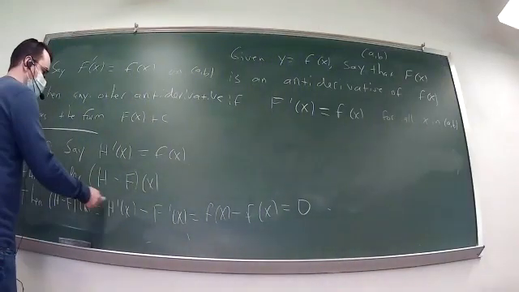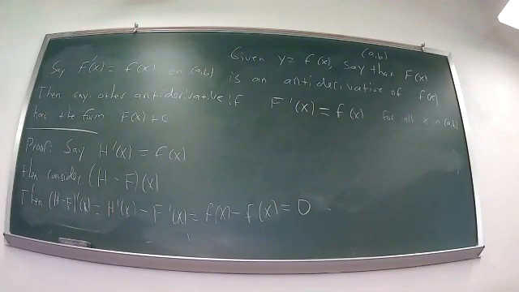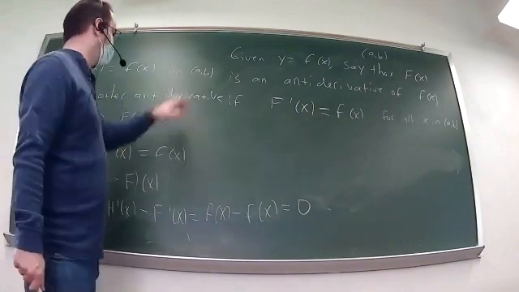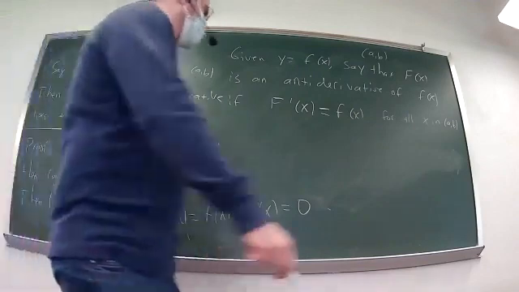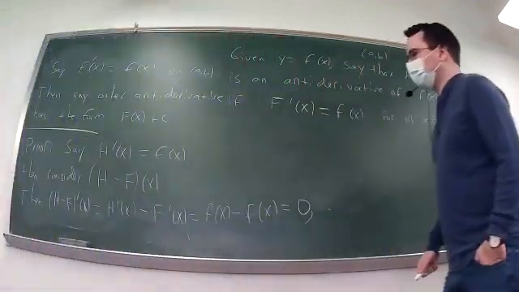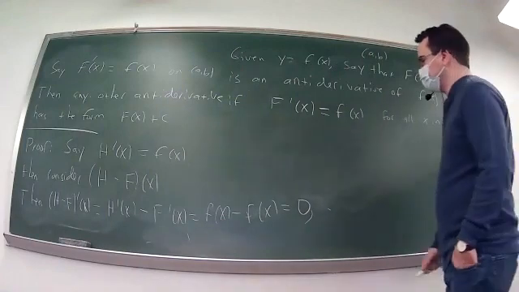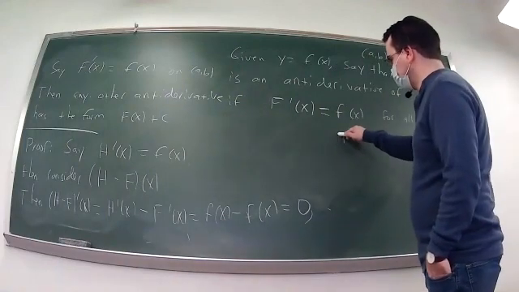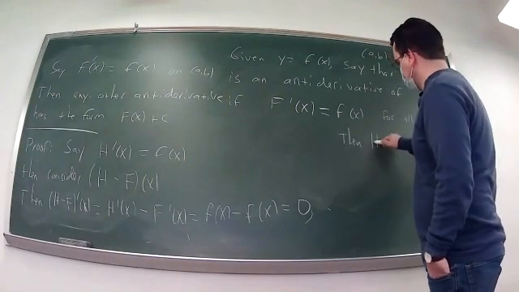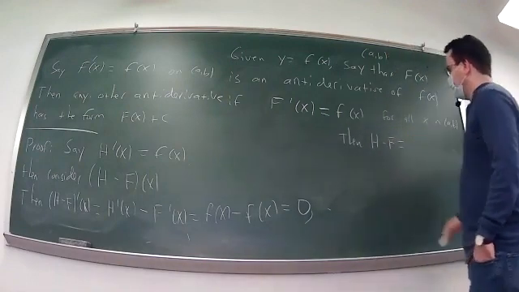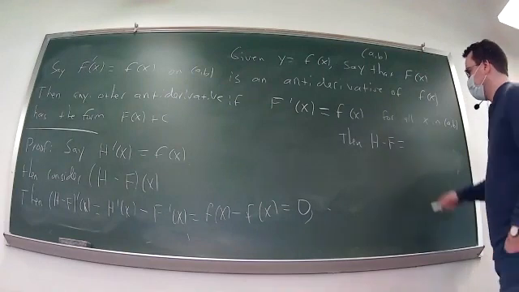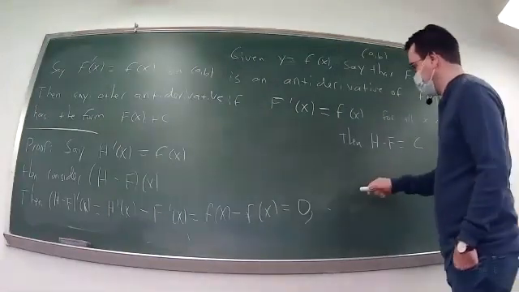But if you've got a function whose derivative is equal to 0 on an interval, say on this interval from a to b, we've proved with the mean value theorem that this function has to be equal to some constant c.